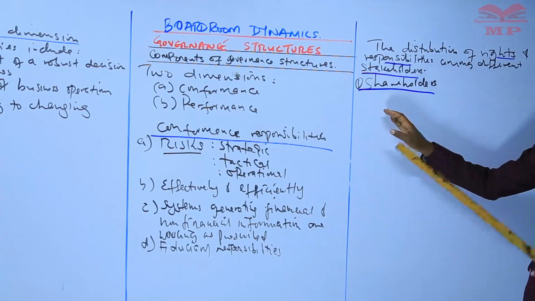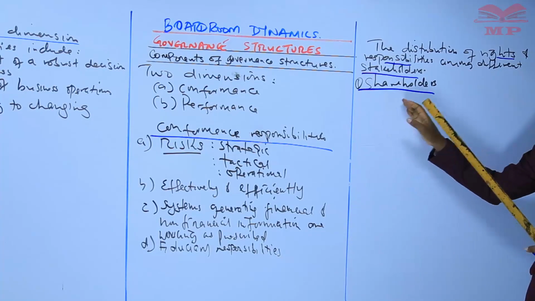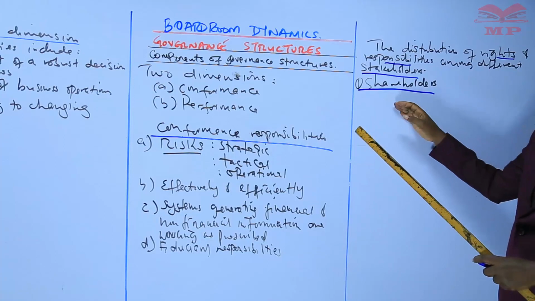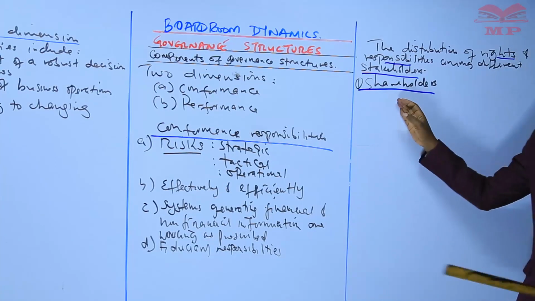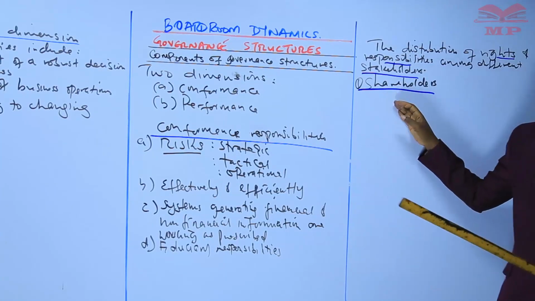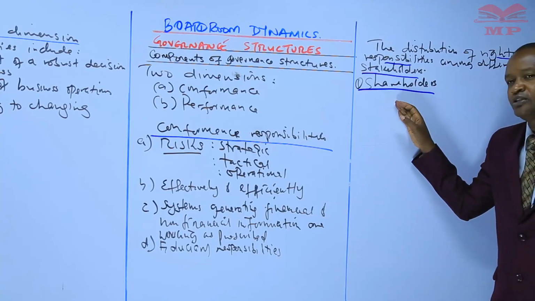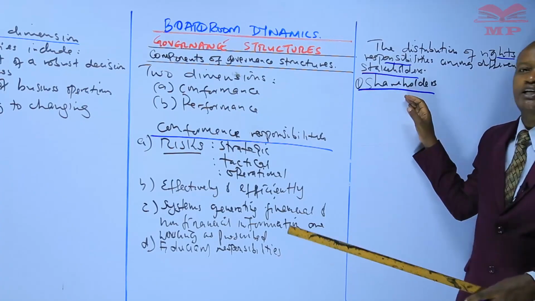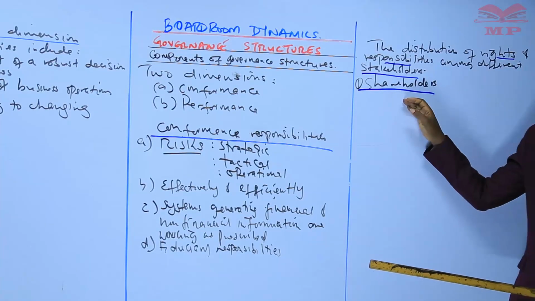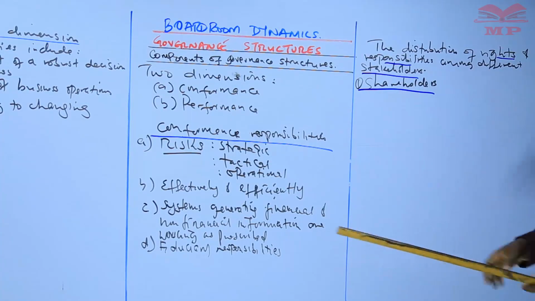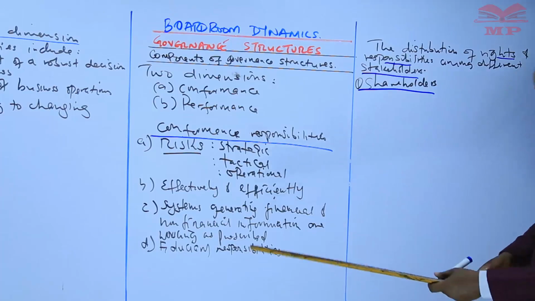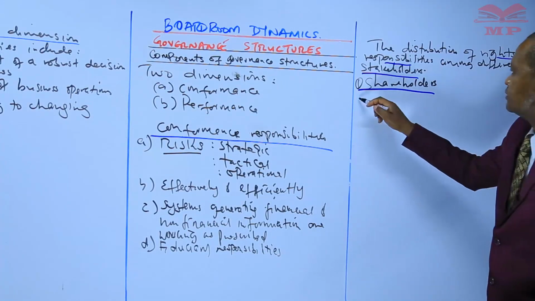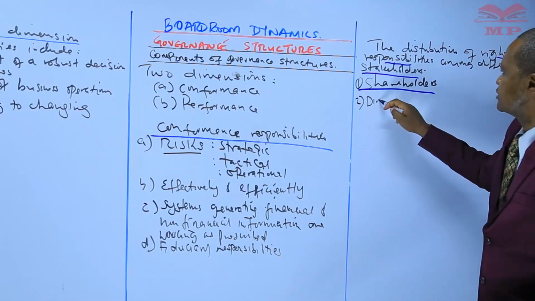These rights can be defined by shareholders among themselves, can be contained in constitutional instruments, and can be conferred on shareholders by law, and so on. Then there is a second stakeholder, the directors.